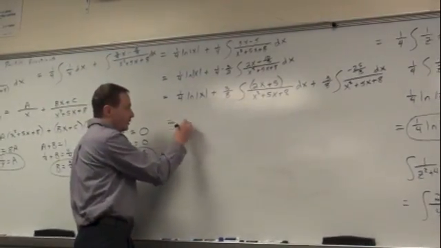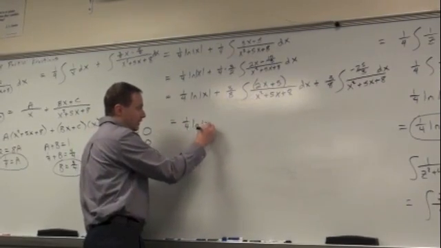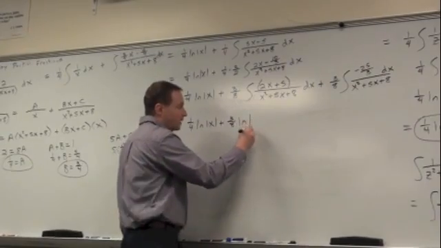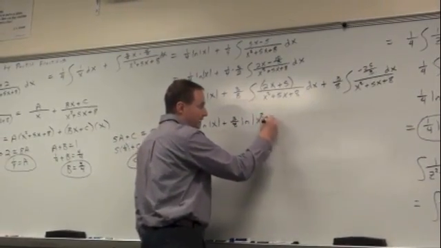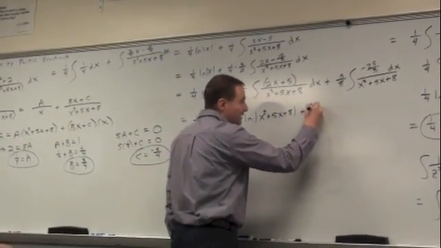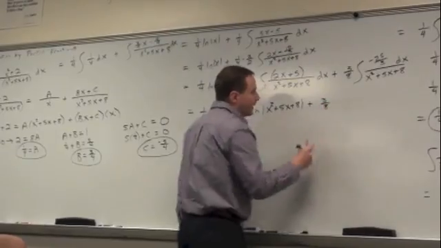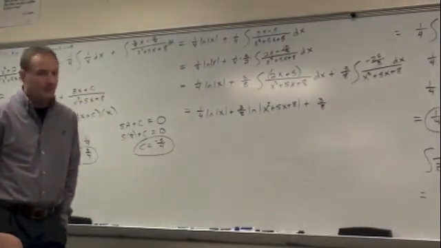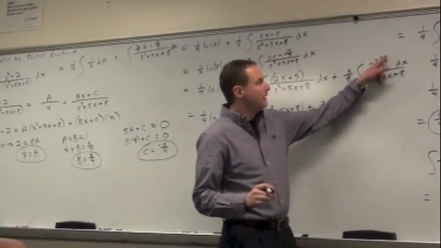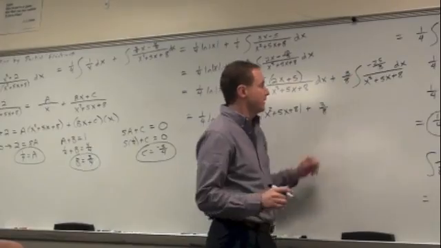So I'm getting 1/4 the natural log of x plus 3/8 the natural log of x squared plus 5x plus 8 plus 3/8. Now, this next one, pretty darn tough, so I'm going to go ahead and factor this negative 25 over 3 out in front.